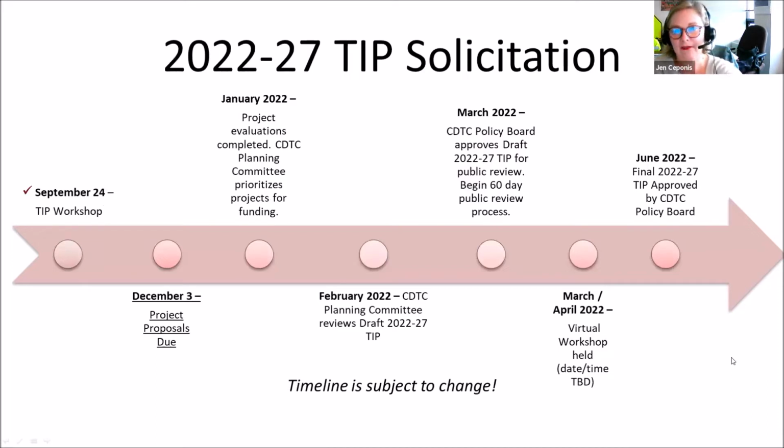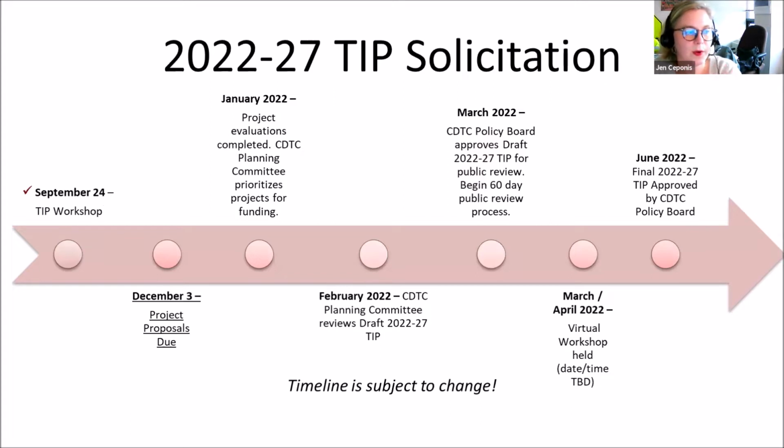So we currently have a TIP solicitation out. There was a workshop September 24th, and if you are looking for more details on the application process and the information that's required to submit a proposal, these can all be found on the CDTC website.